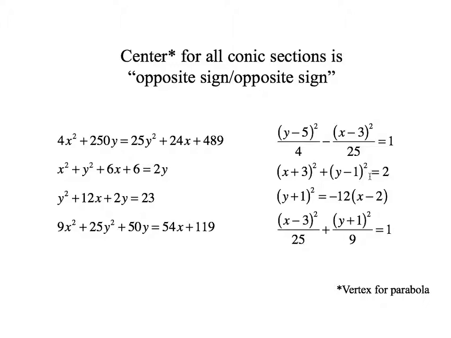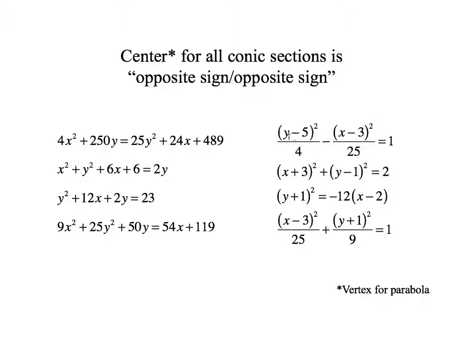The center for the circle and for any of these figures is the opposite sign, and that means that here, for instance, the center of this circle is -3 and +1.